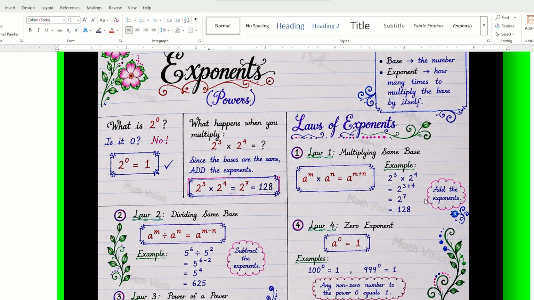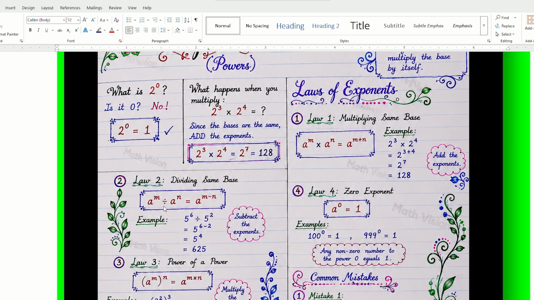Second, if the same bases are in a division form, then the exponents will be subtracted. a raised to power m divided by a raised to power n equals a raised to power m minus n.